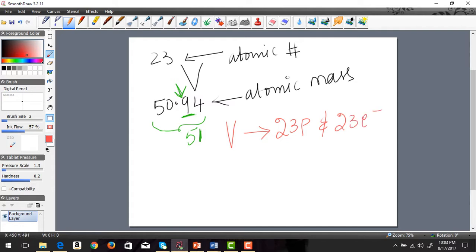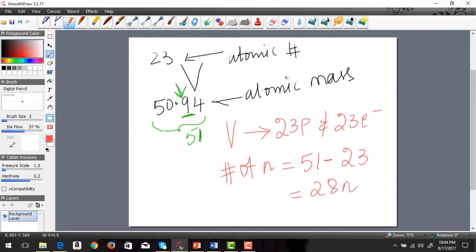Now as I said, this is where you have to adjust the rule. You can't simply strike off all the time, and that's kind of the abnormality and why chemistry is abstract. Now you've got to pay attention to that. So the number of neutrons would be 51, not 50. 51 minus 23, that is 28. Okay, 28 neutrons.